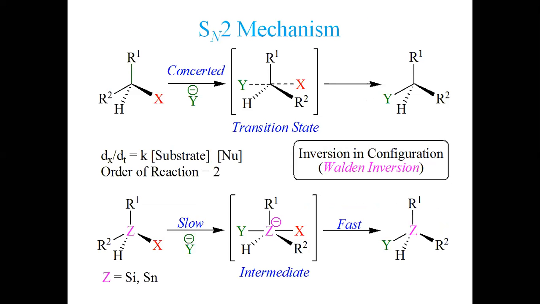We shall start with substitution nucleophilic bimolecular. So SN2 stands for what? S is for substitution, N for nucleophilic, and 2 stands for second order kinetics, meaning it is second order.